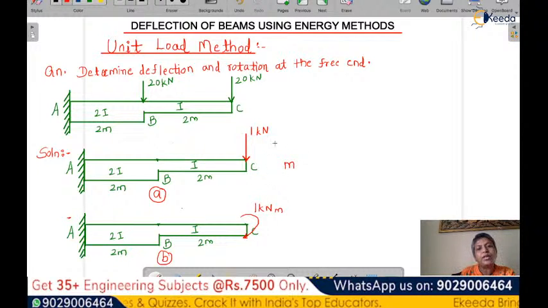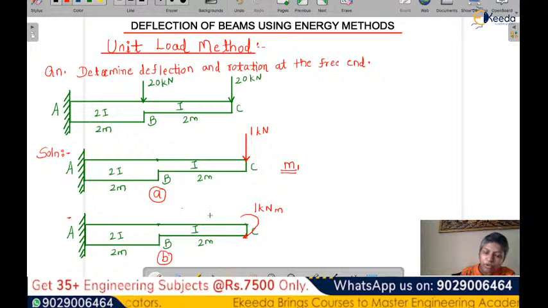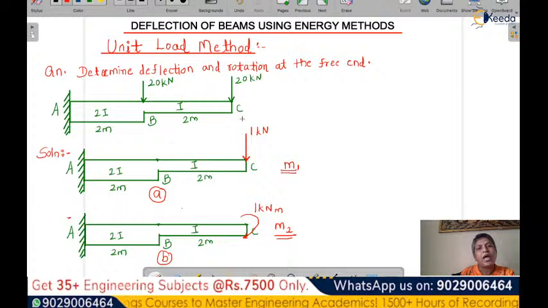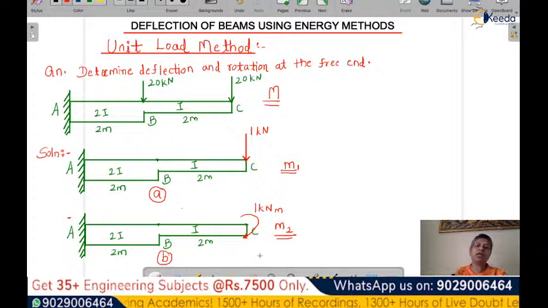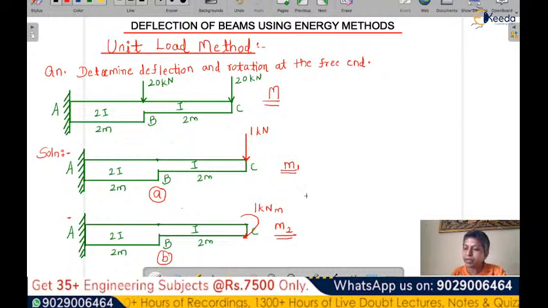Let us call it small m1. Because of the unit load and the unit moment rotation, we will also calculate moments. Let us call it m2, and because of the external load there will be a moment M. So we have to calculate three moment equations.